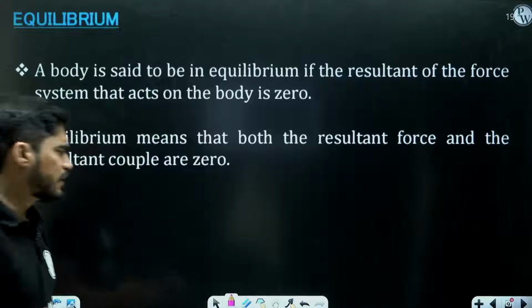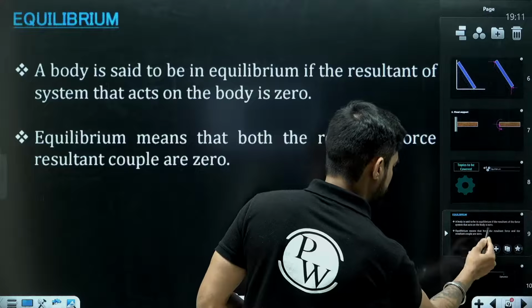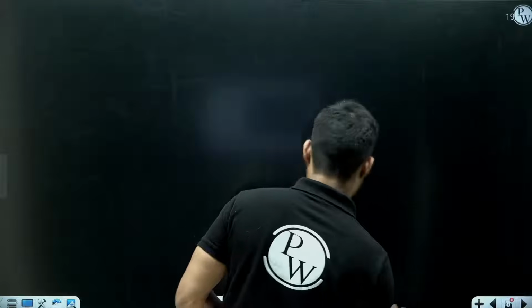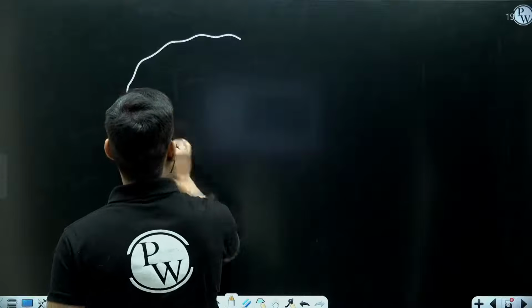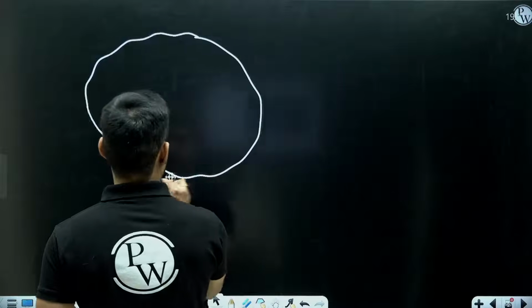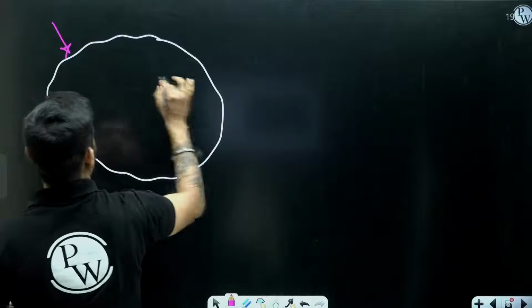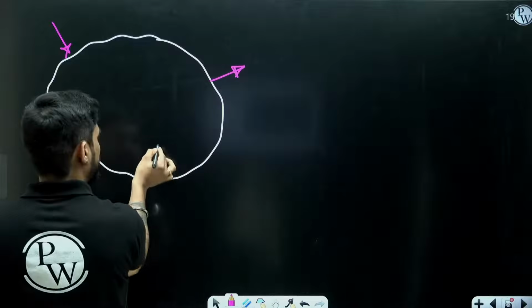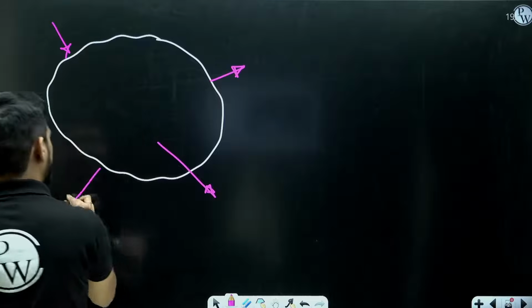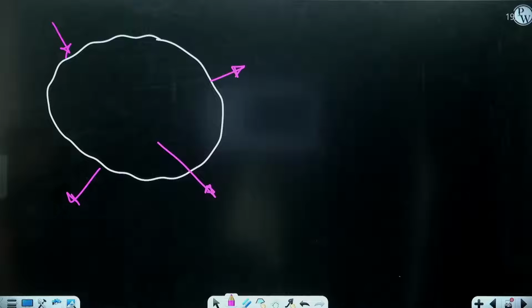So let's say we have a body which is subjected to three-dimensional forces. Okay, this body is subjected to what? Three-dimensional forces. Right now I can't show you the third dimension. Just assume that this body is subjected to three-dimensional forces as well as couples.